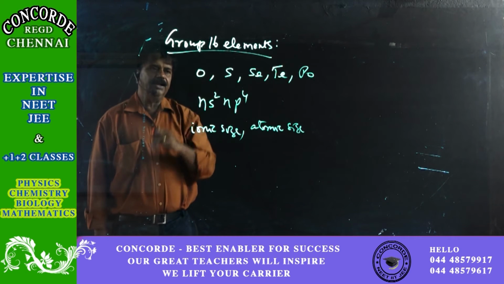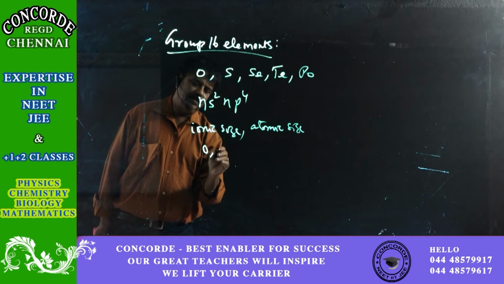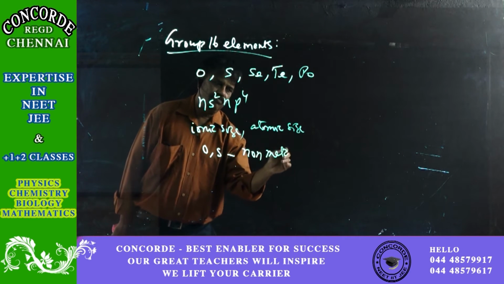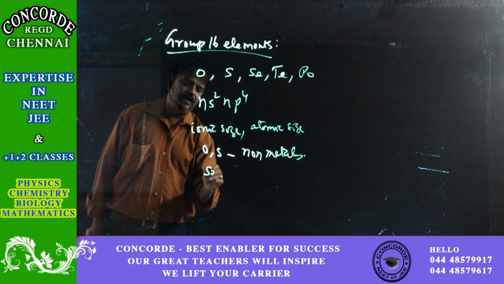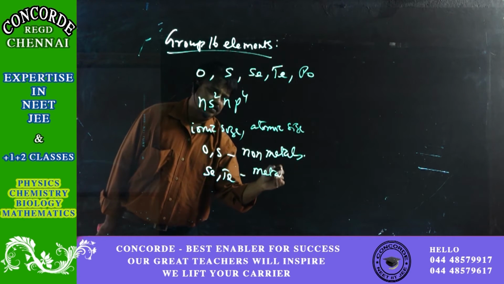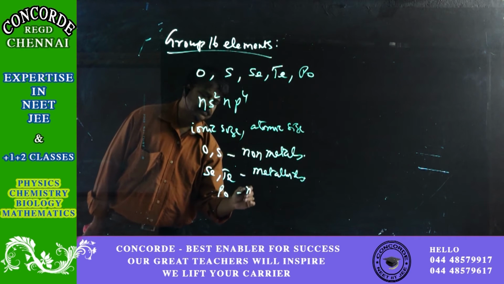Oxygen and sulfur are available as non-metals. Selenium and tellurium are metalloids, and polonium is a metal.